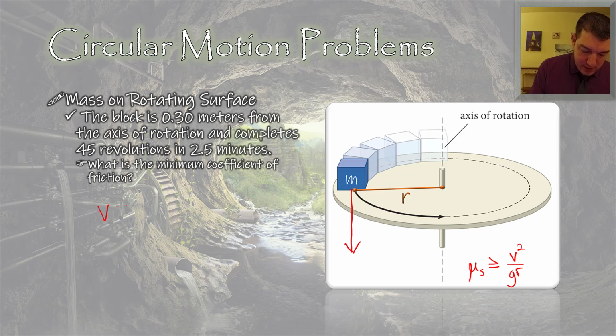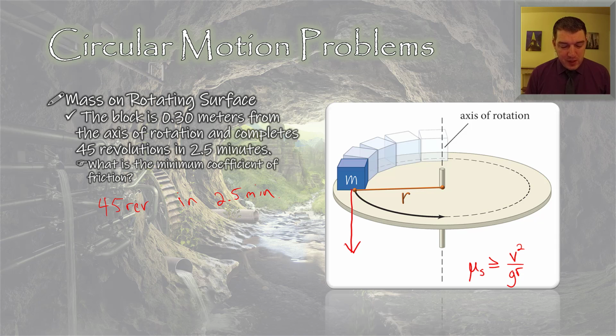Well, the velocity is equal to the circumference divided by the period. I don't have the circumference directly. I see that I have the radius, so what I really need to do is find a way of being able to write that in terms of the velocity. Now, if I have 45 revolutions in 2.5 minutes, I'm going to have an issue with that unit.